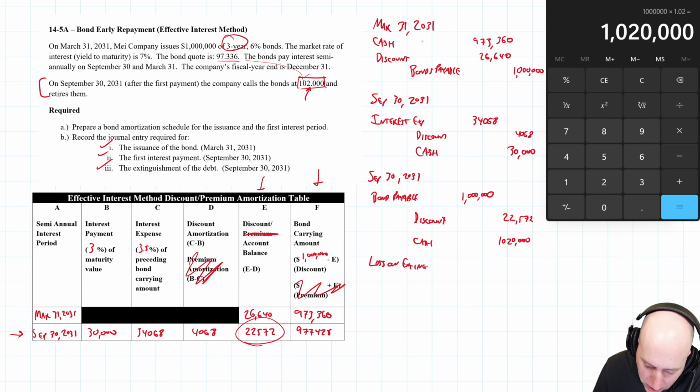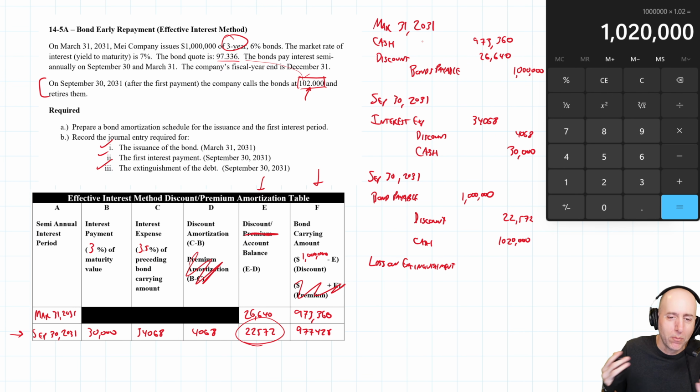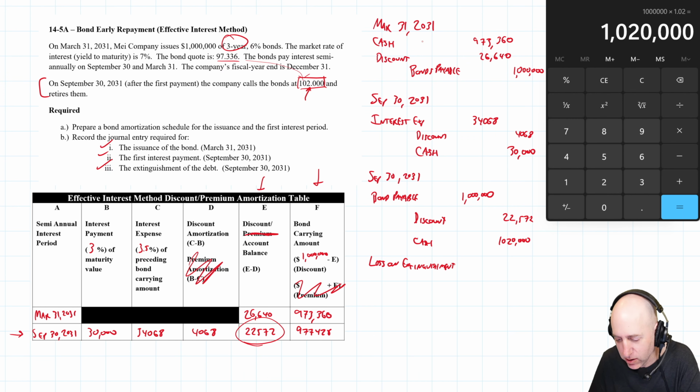Generally speaking, it's going to be a loss. And the reason is, you kind of have to overpay to get rid of the debt. They loaned you the money. They want to get those cash flows over years. You're trying to pay back early. You pay a little extra to do that. So the loss on extinguishment is 42,572.